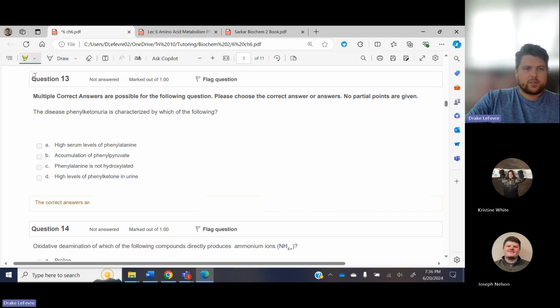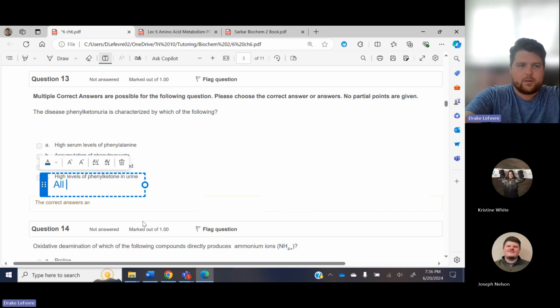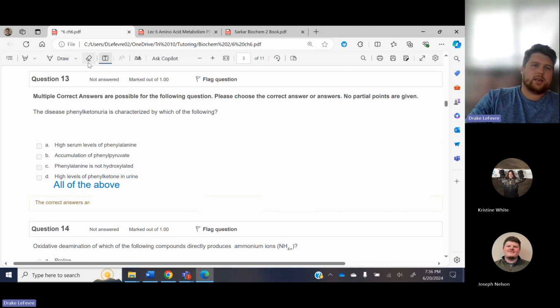So it's characterized by which of the following? It's going to be the high levels. If this was actually multiple choice, it would be all of the above, because that is the answer.